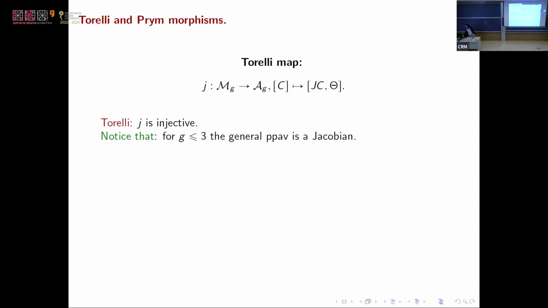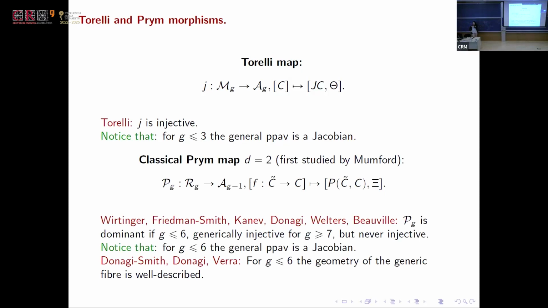And then we have the Prym map, which was first introduced by Mumford. It is the map that goes from R_g, the moduli space that parameterizes ramified coverings of degree 2, and we take f and send it to the Prym with the polarization, a principally polarized abelian variety of dimension g minus 1.